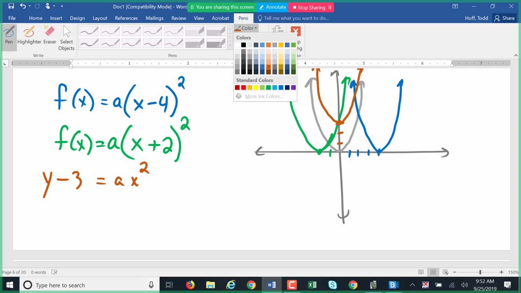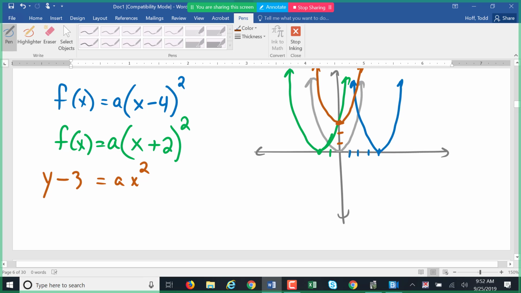Now, because we're using this f of x notation, I don't like to have things over here with the f of x. So I'm going to add 3 to both sides to move that over. So I end up getting an equation of the form f of x equals ax squared plus the 3. So it moves the whole graph up 3.